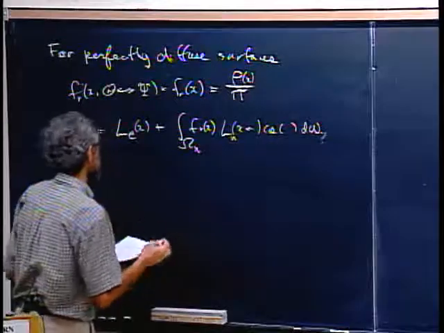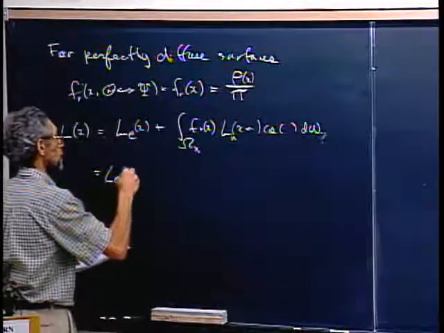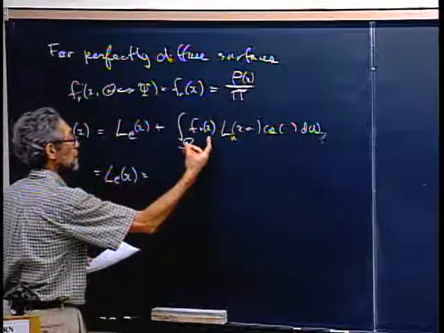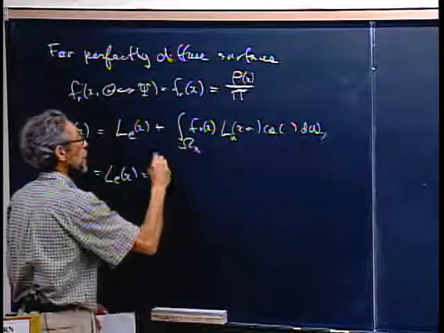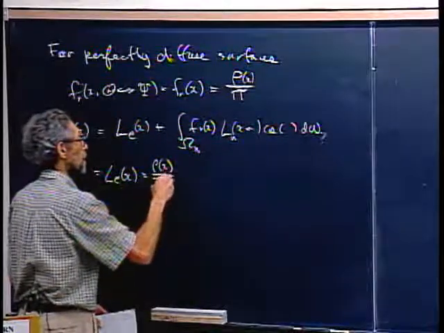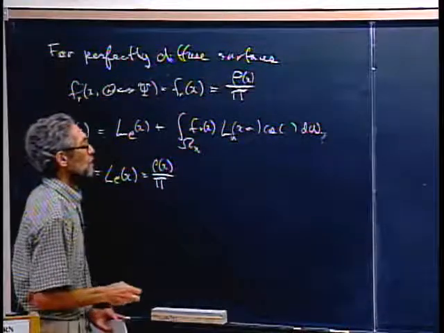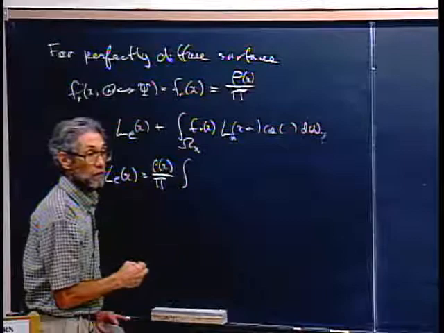Now I'm going to write the next formula. I'm going to bring this constant outside the integral because it doesn't depend on angles. And then I'm just going to change this to an integral over the surfaces.